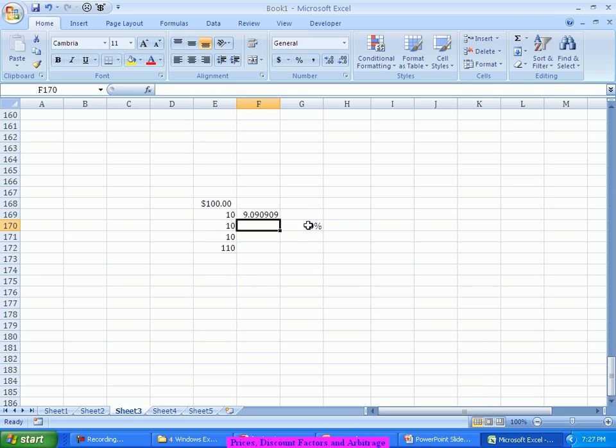So it is actually 9.09. What we are saying is the discount factor, whenever I use the word discount factor, it is nothing but the discounted value by the actual value. So we'll say the discount factor is 0.90.